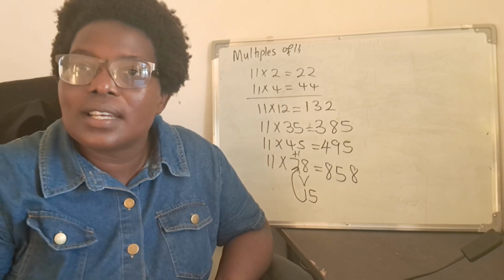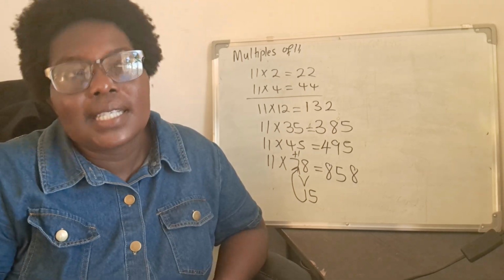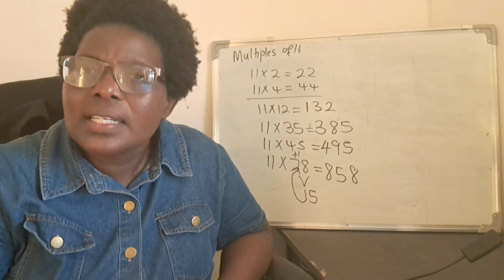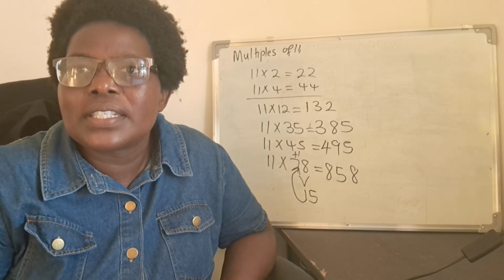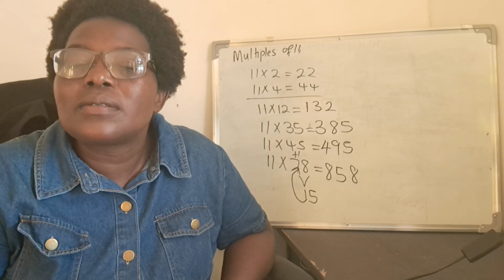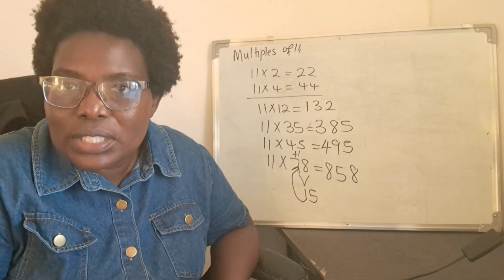So what is it that you learn? When you're multiplying 11 with any number that is less than 9, repeat that number. So if it's 11 times 2, that means your answer is 22.